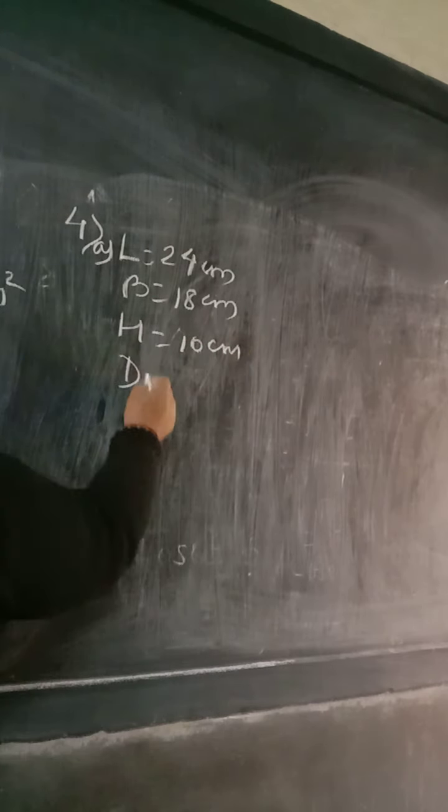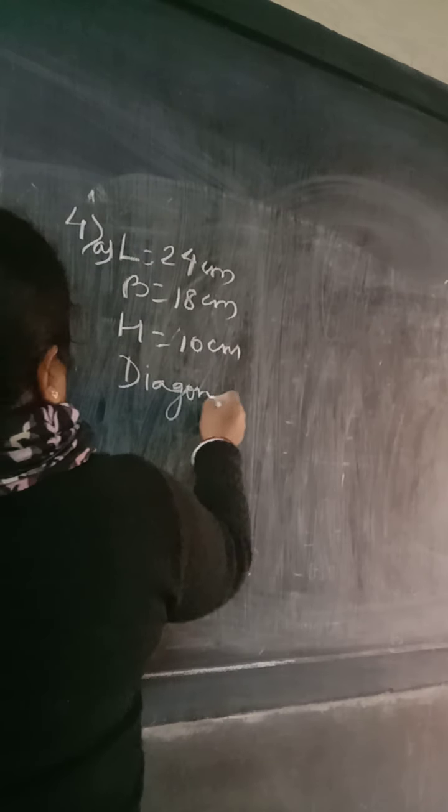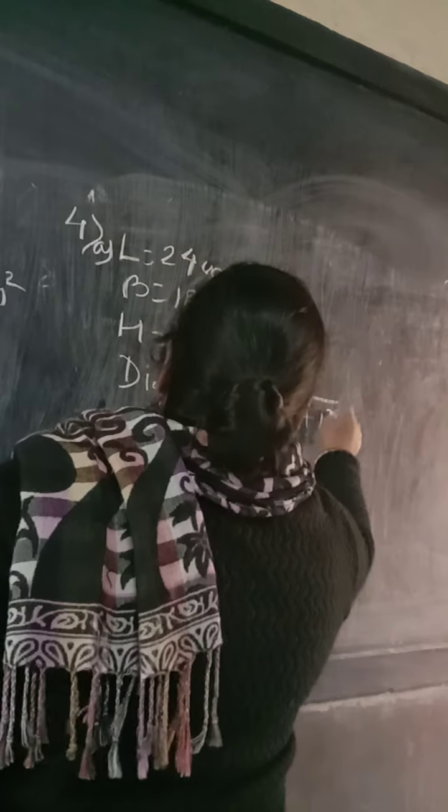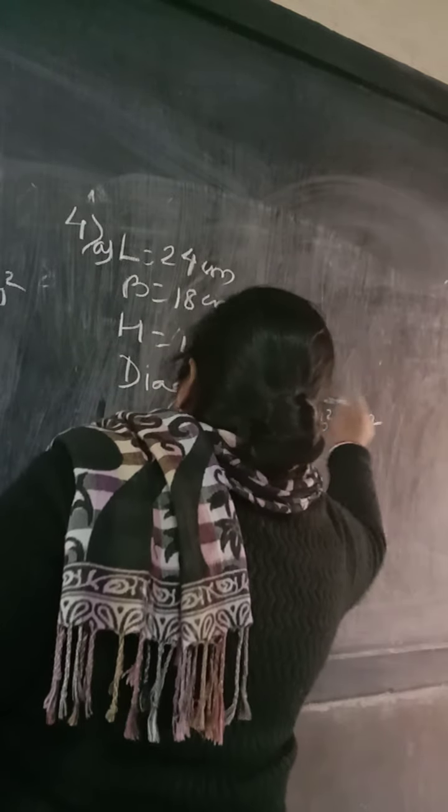We know the diagonal, already you know the formula, is equal to under root L square plus B square plus H square.